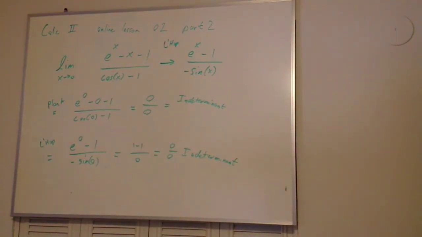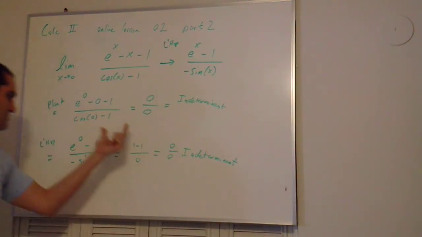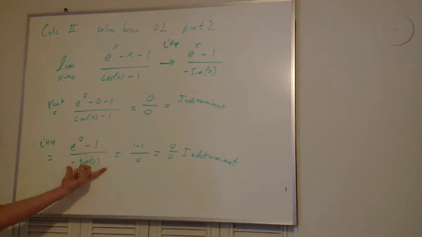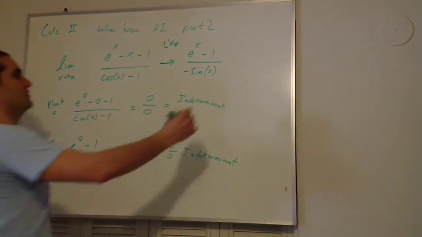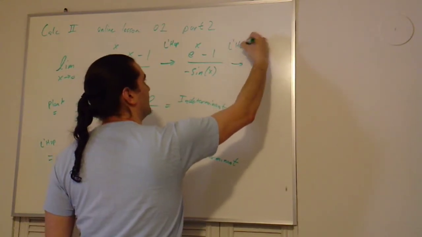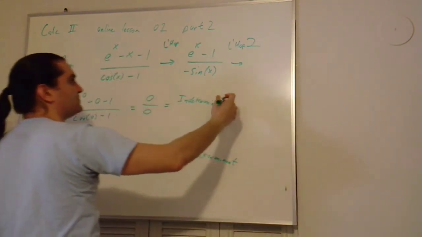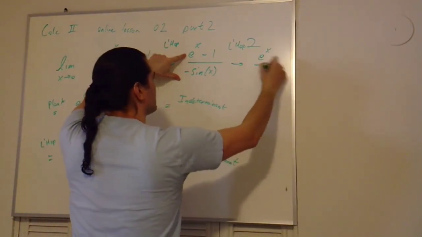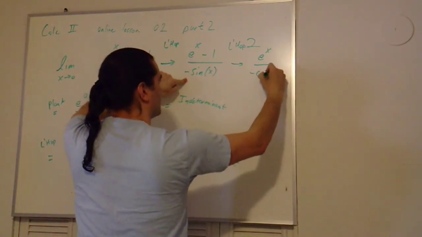So, in this case, we got another indeterminate answer. We have another function that cannot be simplified in any reasonable way. So we're going to use L'Hopital's a second time. L-hop 2. The derivative of the top now will be e to the x. The derivative of the bottom will be negative cosine x.